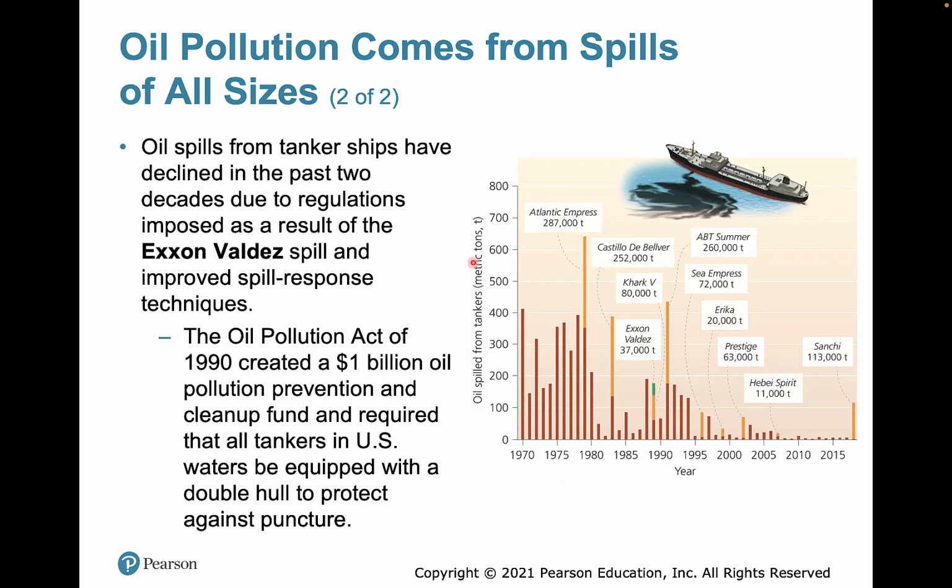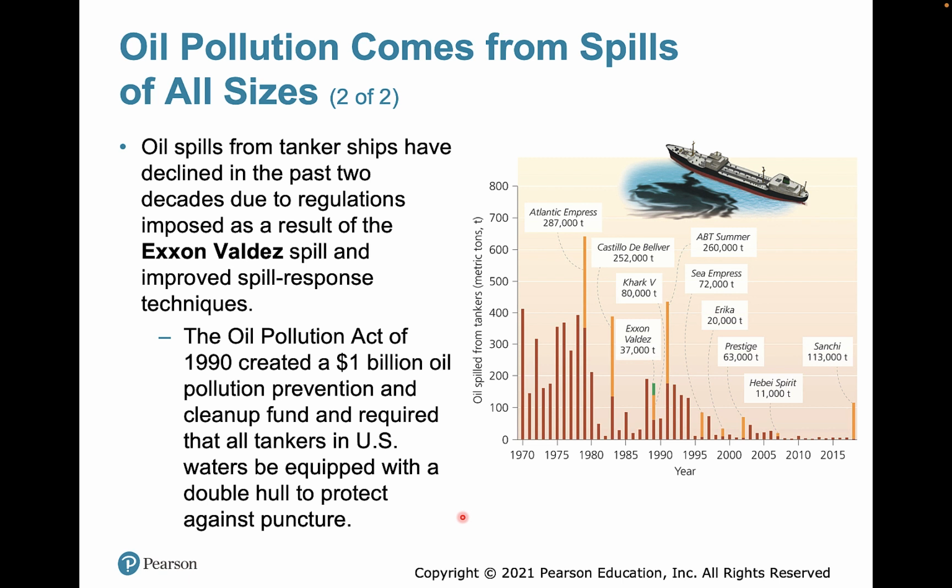So the Exxon Valdez, when that ran aground, we improved our response techniques, and then we changed legislation, as humans tend to do, to require that all tankers in U.S. waters be double hulled. The hull of the ship is the thing that separates the inside of the ship from the outside of the ship, and prevents the stuff on the inside from leaking out.